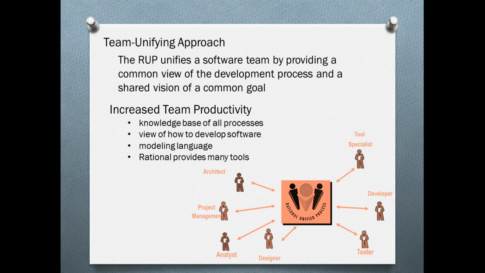They give a view of how to develop software, what kind of modeling language to use, and how the modeling language is to be used. And Rational provides many tools, and that's why we call it the Rational Unified Process.